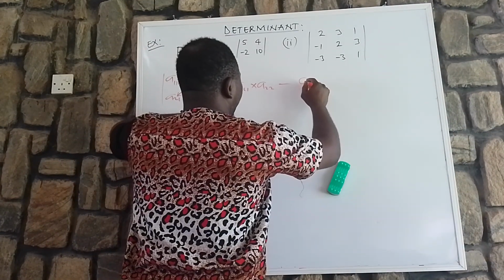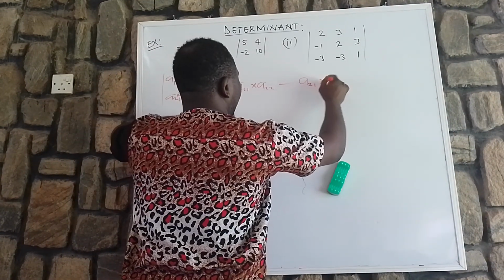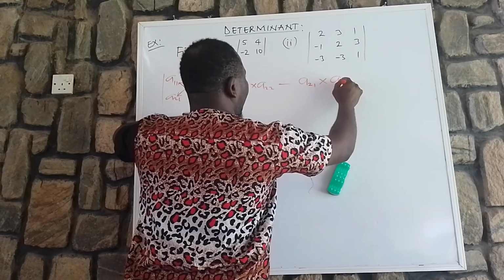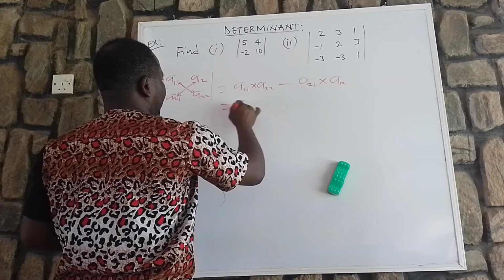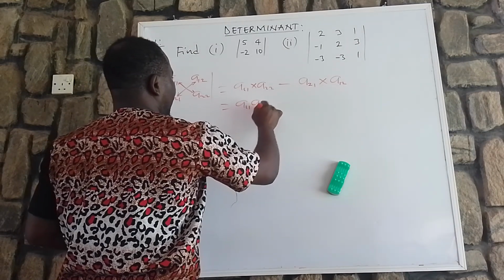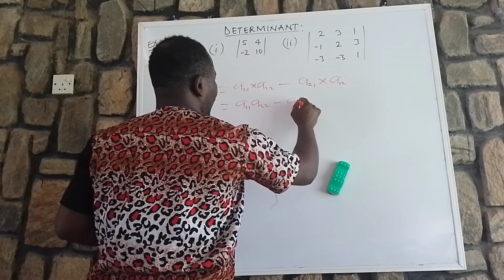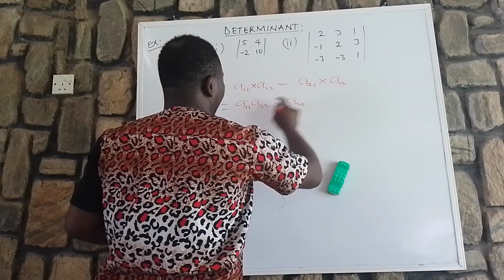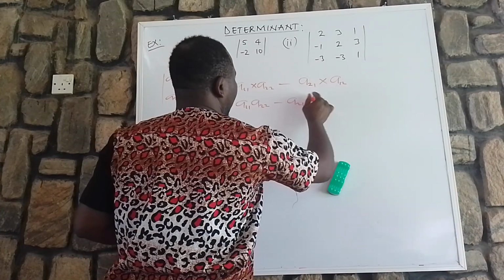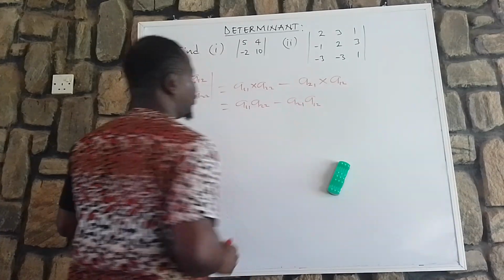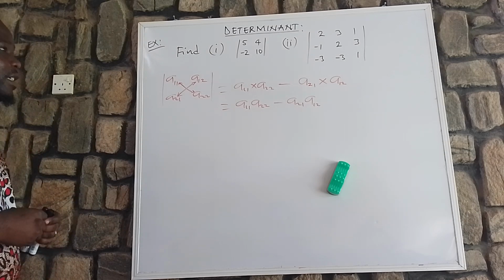That is A21 times A12. So this will give you A11 times A22 minus A21 times A12. This is the answer. Is that clear?